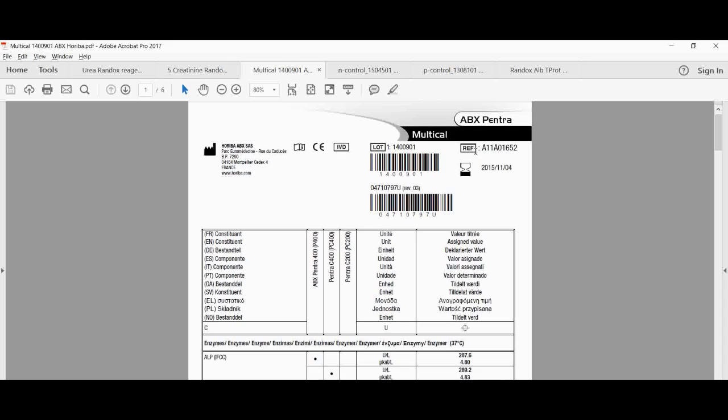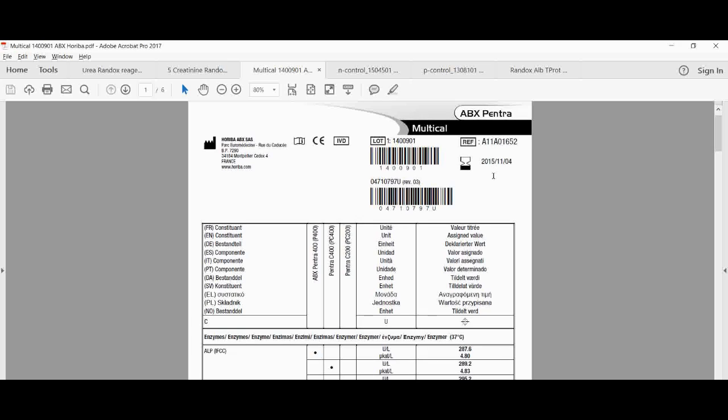The reference number just indicates it is the manufacturer that says this reference number belongs to this item, multi-cal. So the lot number will change with a different batch. Every batch has a new lot number, and of course there's the expiry date. Okay? So this is an old one. It's just an example that I'm giving to you.